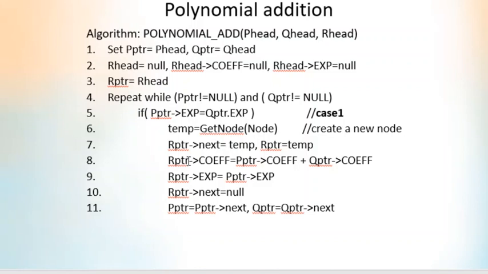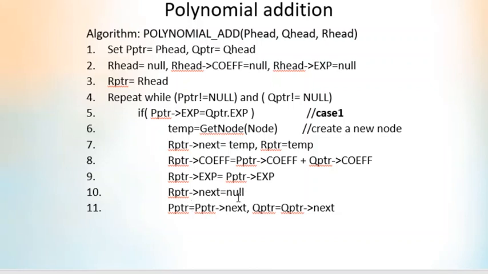The r pointer next is equal to temp. Temp is the new node created. R pointer is equal to temp. Now the coefficient part is p pointer coefficient plus q pointer coefficient. Exponent is same as p pointer exponent, or you can write q pointer exponent here. And r pointer next is equal to null because this is the only node.